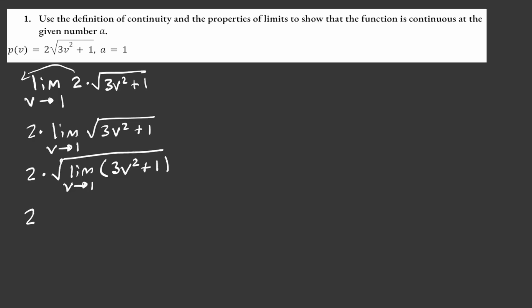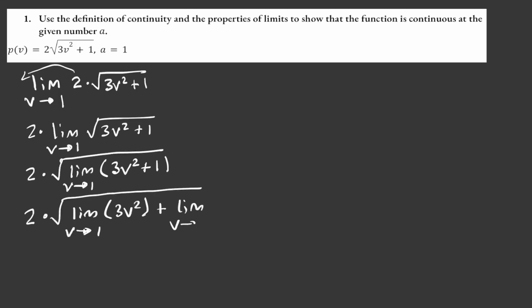So I can write this as 2 times the square root of the limit as v approaches 1 of 3v squared, plus the limit as v approaches 1 of my second term, which in this case is just 1. Now it's probably a good time to evaluate my limit, as I see nothing else I can do in regards to properties of limits.